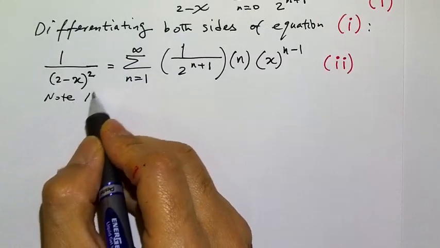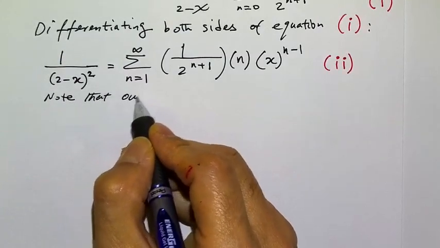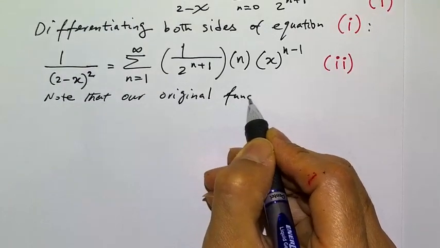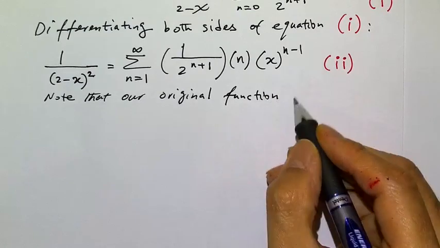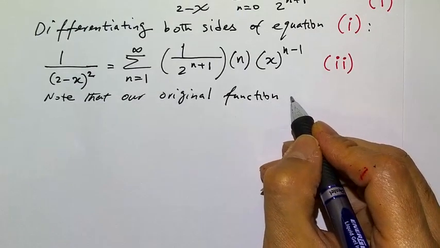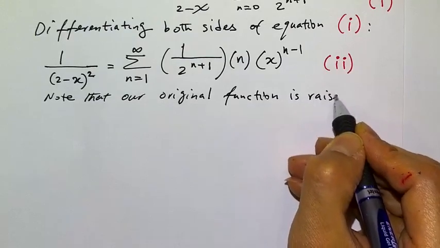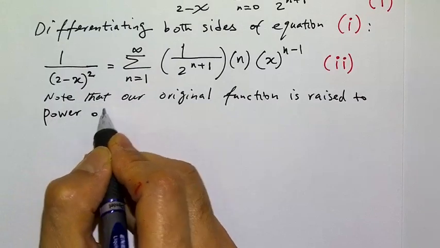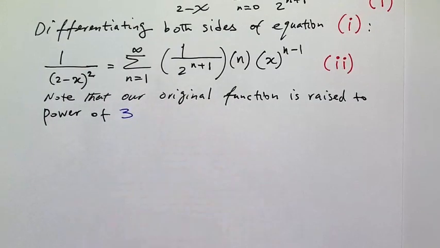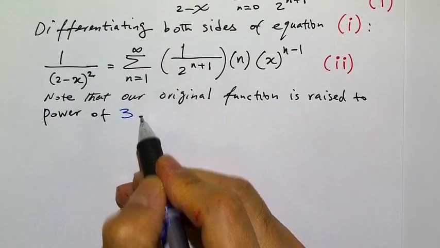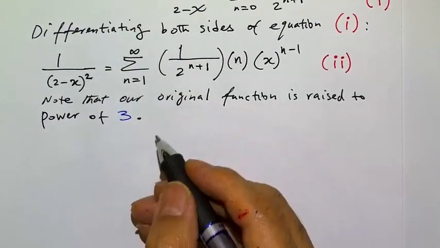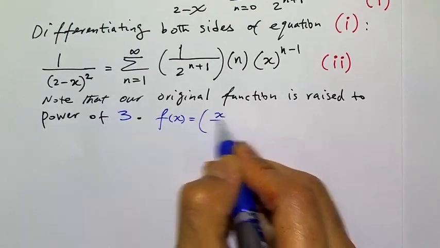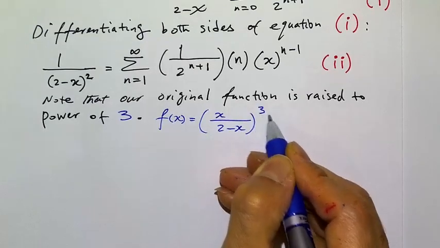So note that our original function is raised to power of 3. We have f of x equals x over 2 minus x cubed.